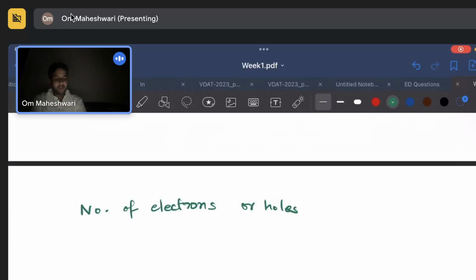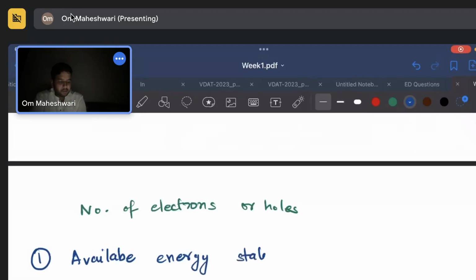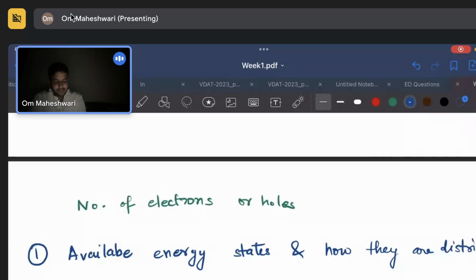So we need to know two things. First is the available energy states and how they are distributed. This is actually density of states.